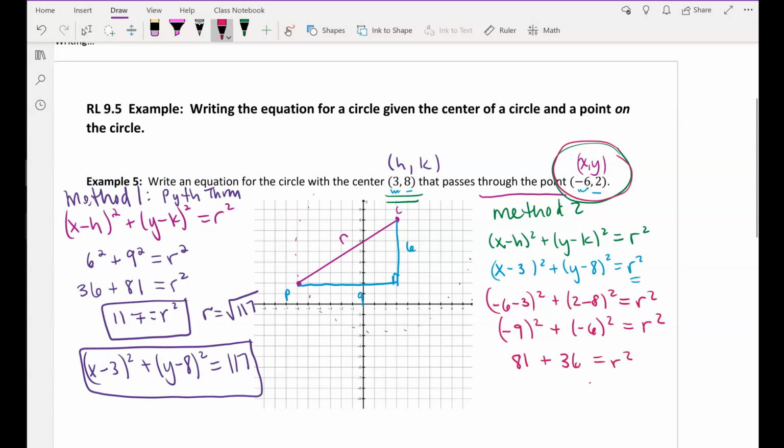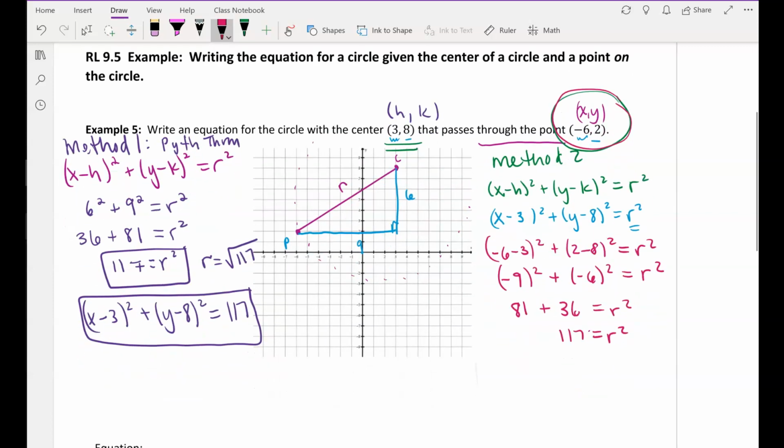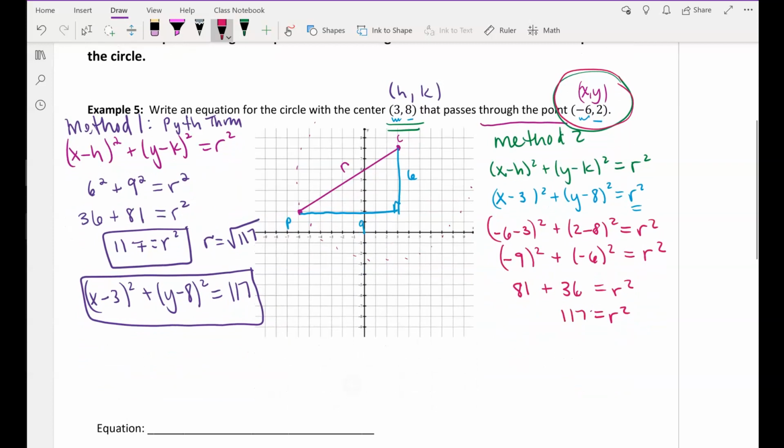And so, alas, we get 117 is r squared that way. So I personally think that second method is easier just because it's a little faster, but they're both valid ways of finding the equation of a circle when we are given the center and we know of at least one point that's on the circle.